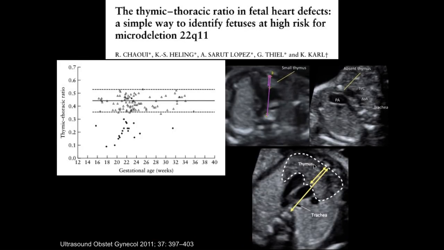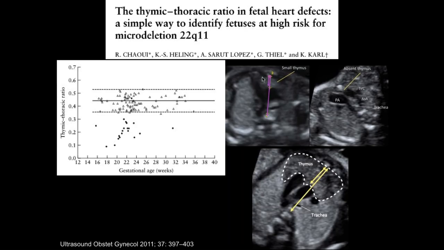Briefly also, I want to mention the study that Dr. Shawi had done looking at the size of the thymus at the three-vessel trachea view by measuring the thymic to thoracic ratio, defined from the dome of the ascending aorta or the aortic isthmus to the sternum, and then the chest from the spine to the sternum.